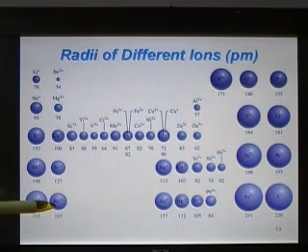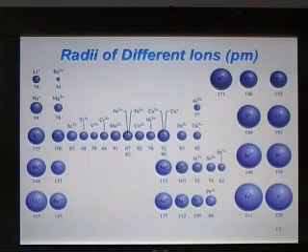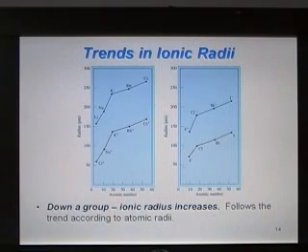Furthermore, the alkaline earth metals have one more proton than their neighboring alkali metals. So we expect the alkaline earth metal cations to be smaller than the alkali metal cations.